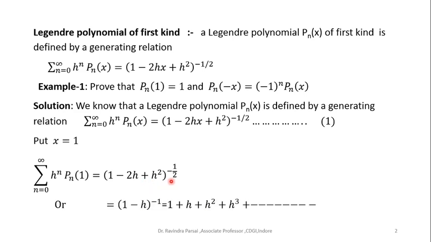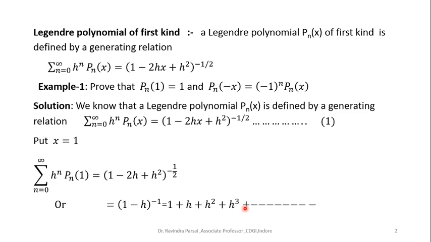Just solve this by the algebraic expansion a square minus 2ab plus b square. So the square and the power cancel, and this gives 1 minus h raised to minus 1. We know that the series of 1 minus x to the power minus 1 is 1 plus x plus x square plus x cube, that is 1 plus h plus h square plus h cube and so on.